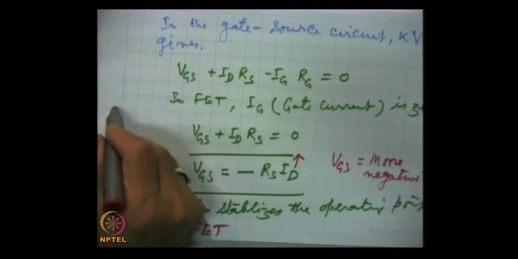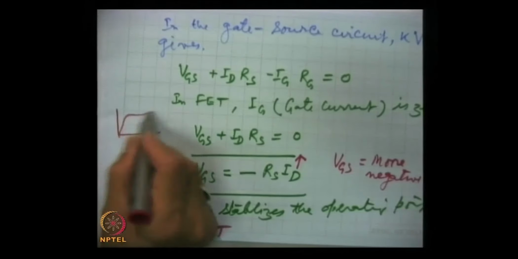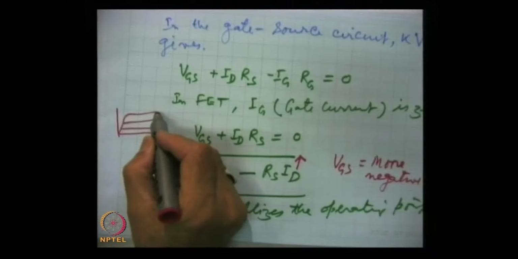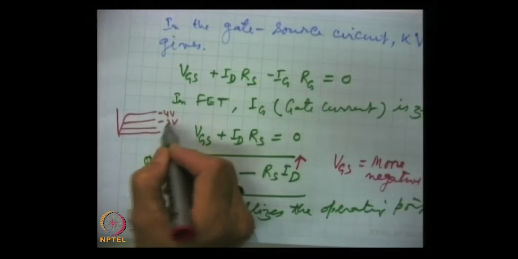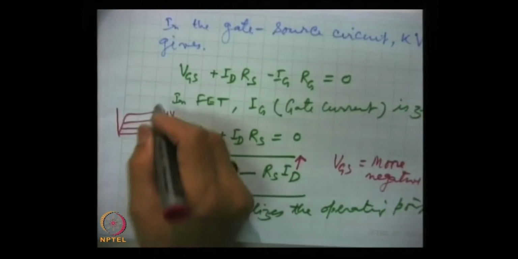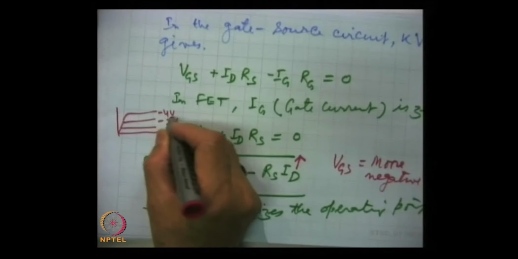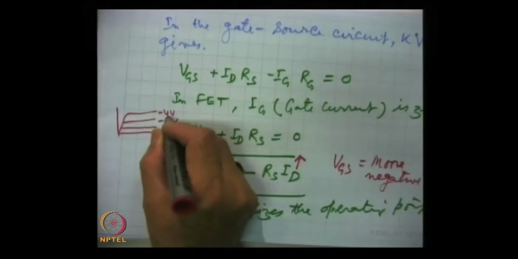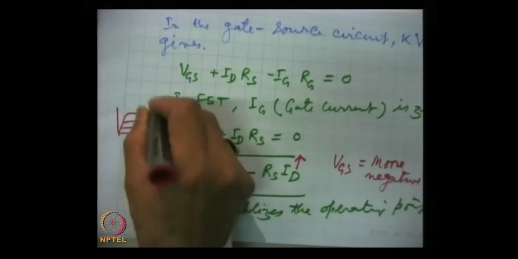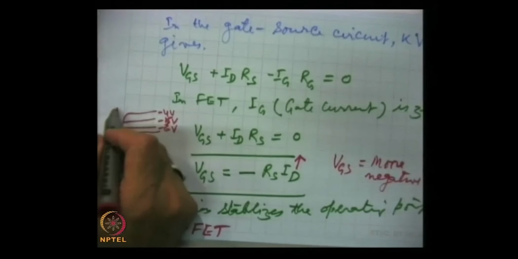The characteristics were like this: minus 4 volts, minus 3 volts, minus 5, minus 6, ID.